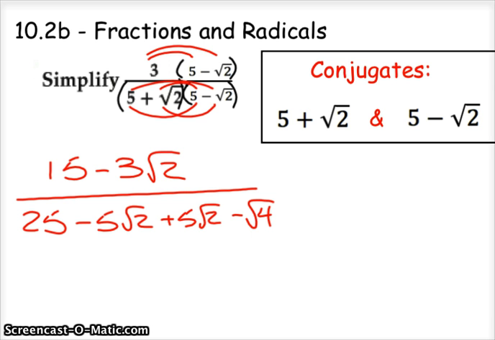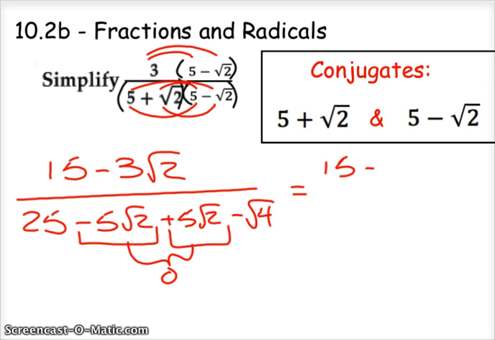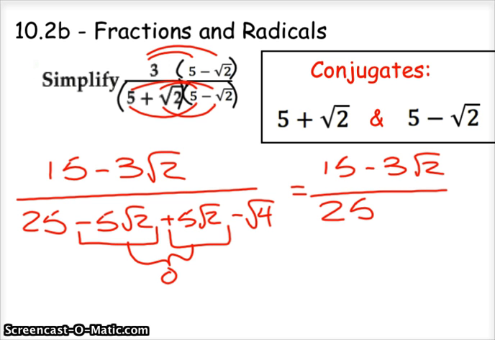Here's the nice thing about conjugates. You'll notice I have a negative 5 root 2 and a positive 5 root 2. If I add those together, that becomes 0. So I'm left with, on the top again, 15 minus 3 root 2 over 25 minus root 4, and root 4 is 2, so that'd be 25 minus 2.